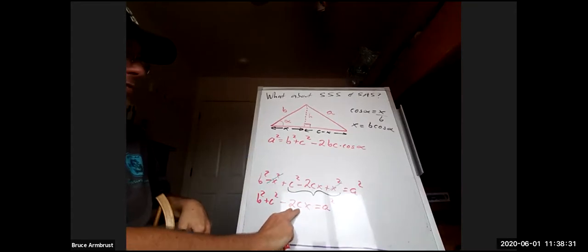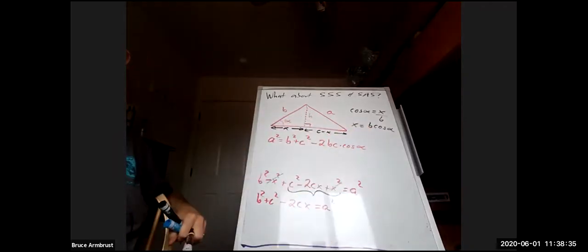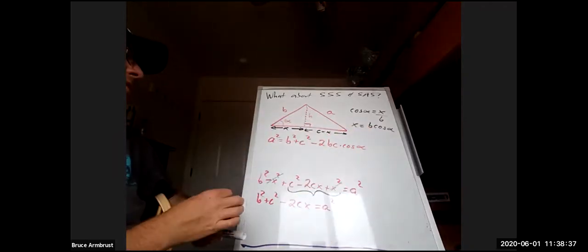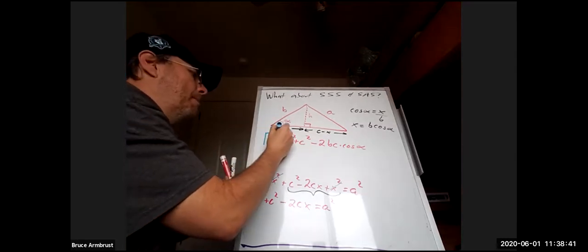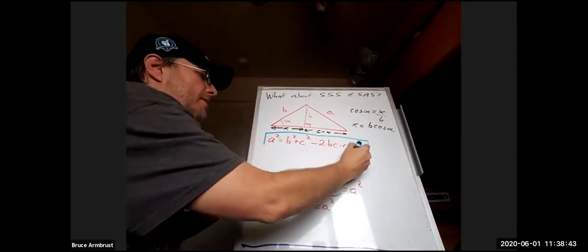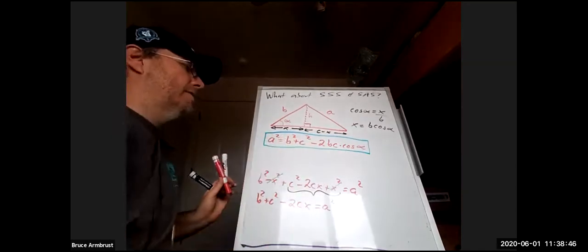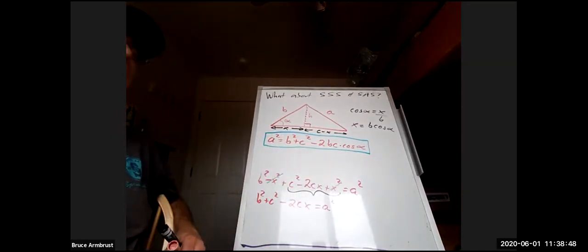So you can see the 2c here, the b and the cosine alpha came from our x. All right, so let's put a box around that. Because that, my friends, is the law of cosines.